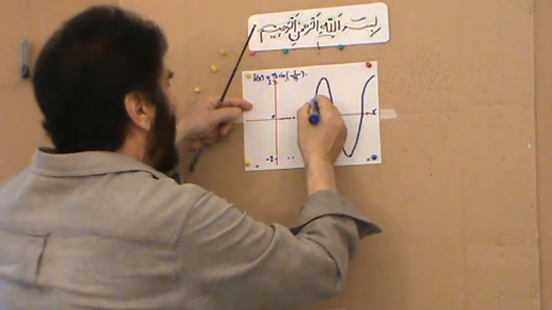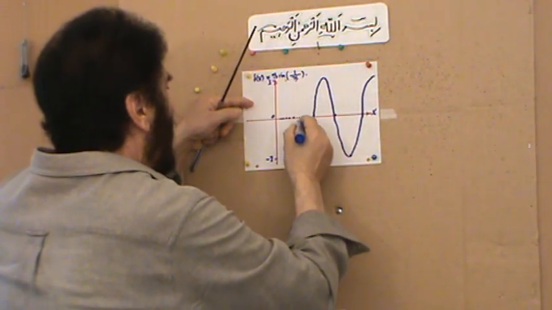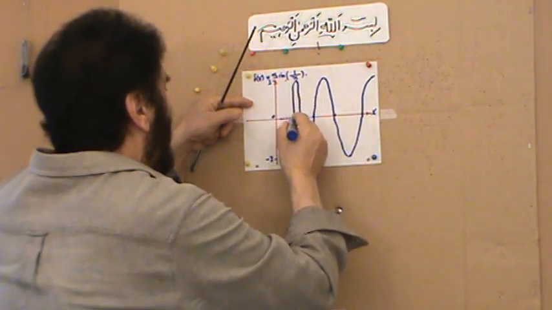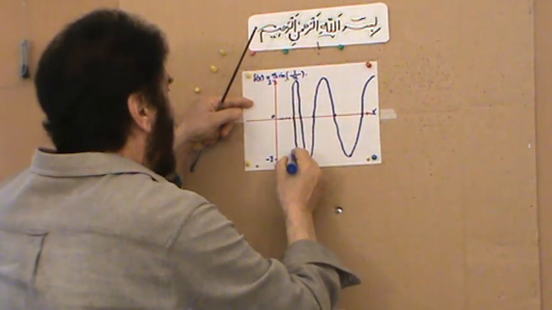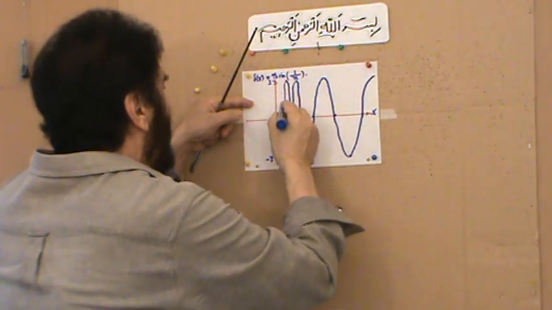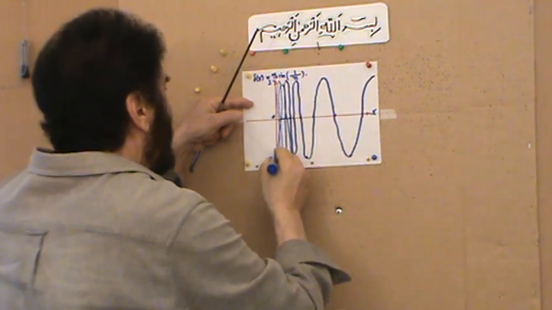This is positive 1. This is negative 1. Again, this is going up and then coming down, and then up, coming down, going up and coming down, and so on and so forth.